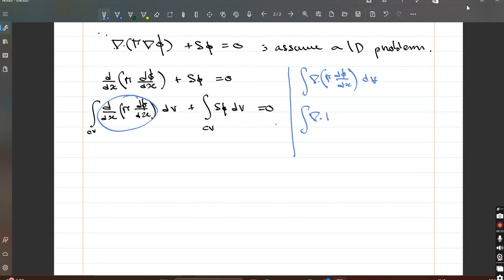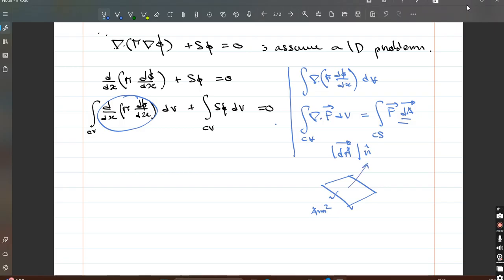It tells us that for the divergence of any vector field, we can convert this volume integral to a control surface integral by removing the divergence operator and replacing the control volume integral with a surface integral over dA vector. This dA vector is nothing but the magnitude of the area times the normal vector. For example, if this is the area and it is say a meter square and this is the normal, this dA vector will be A n cap.